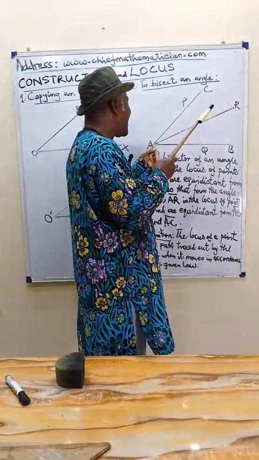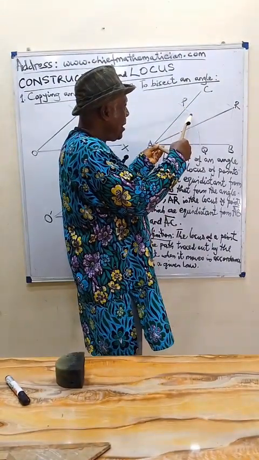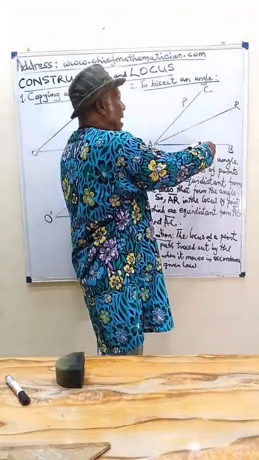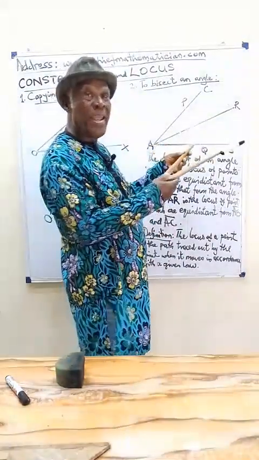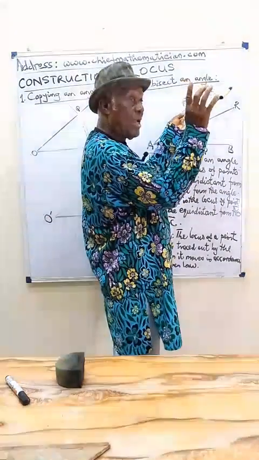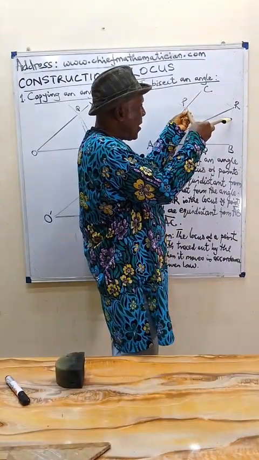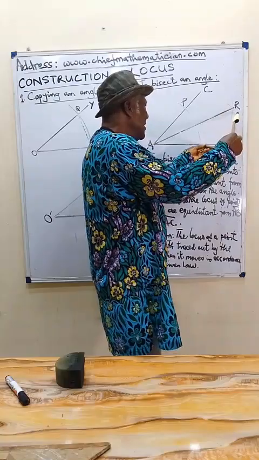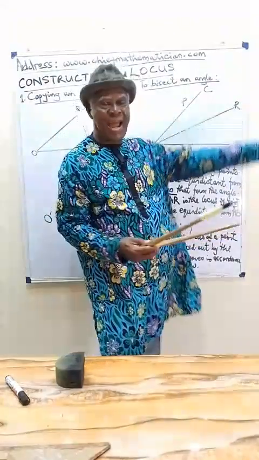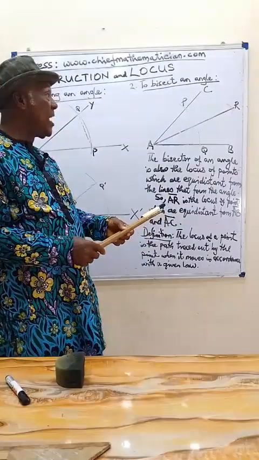With A as center and a convenient radius, describe an arc to cut AC and AB at P and Q. Then using P and Q as centers, and with the same radius, we describe an arc this way, another arc that way, and the two arcs cut at the point R. Join AR. AR is the bisector of angle BAC.